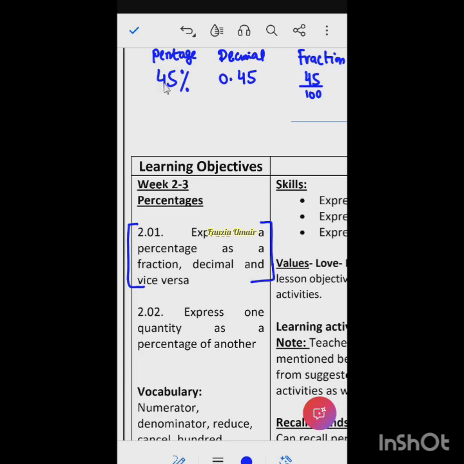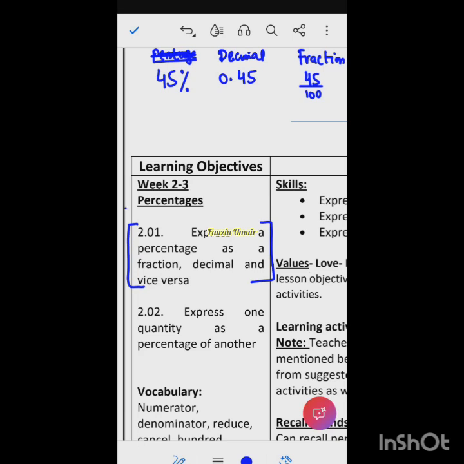If a percentage is given, sorry, there is a mistake. If a percentage is given, I'm able to convert that percentage into decimal and fraction. If a fraction is given, I'm able to convert that fraction into decimal form and then into the percentage form. So if any of these is given, we can convert it into the other form. This is the objective which we are going to do. Okay?